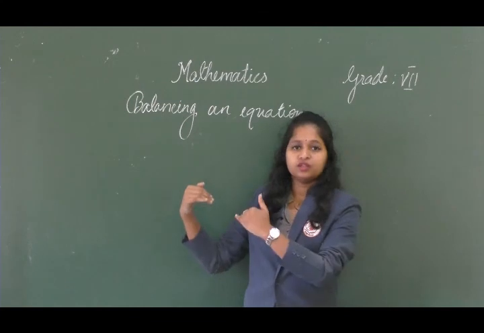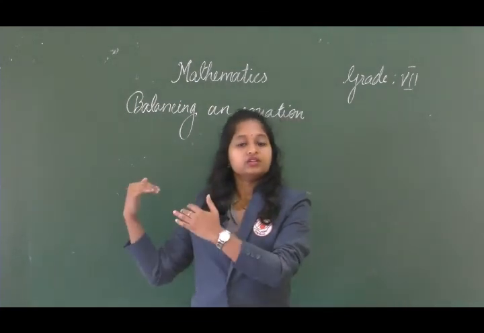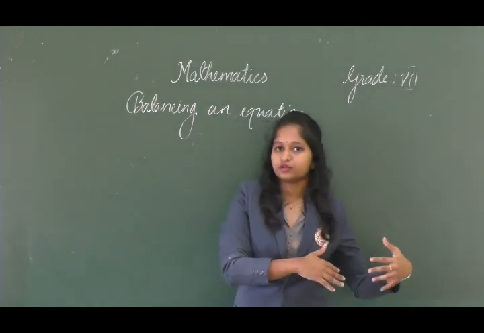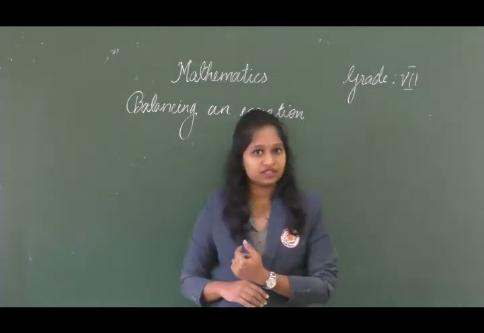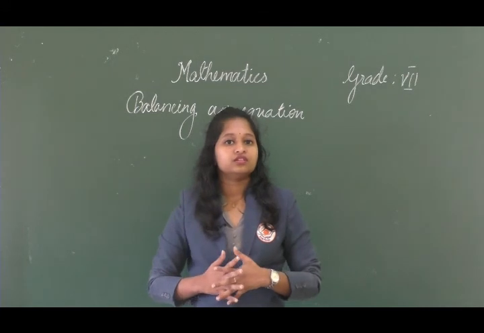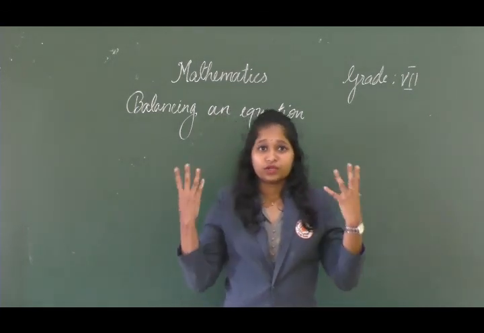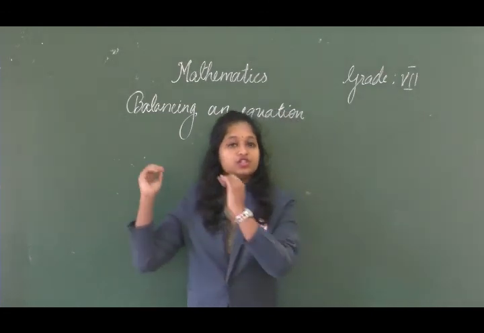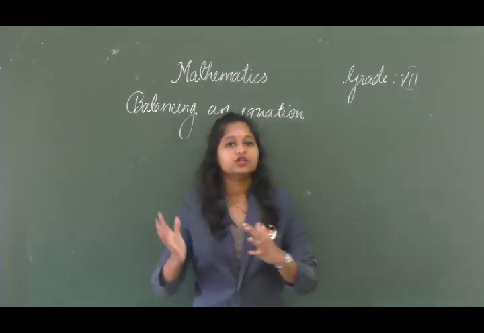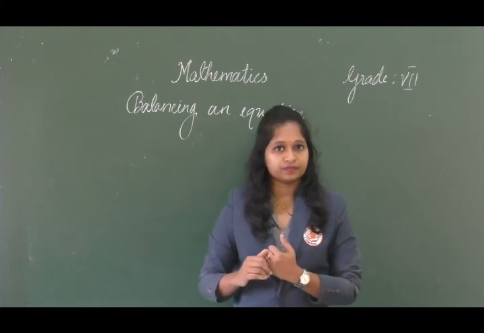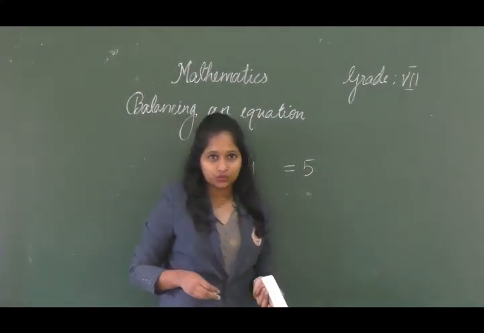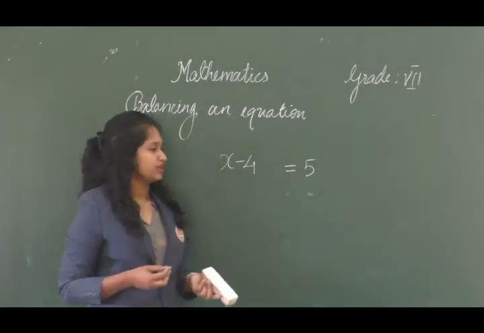If you divide one number or variable to the right side, then divide the same number or variable to the left side. Got it? So, what can we conclude? If you do any mathematical operation to the left side, do the same to the right side. Okay? So children, the same thing I will show using one example.